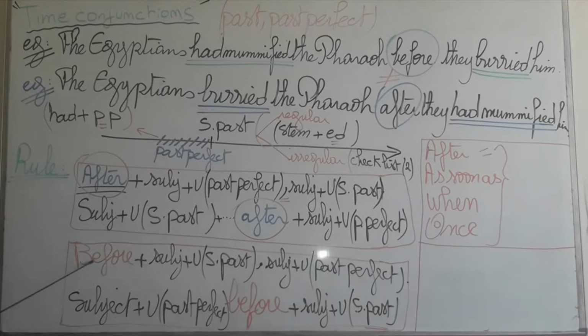With before, we mention first the first action occurring, then الأولاد the second one. So before, this is the second action occurring. So it should be in the simple past. This is the first one occurring. This is in the past perfect.